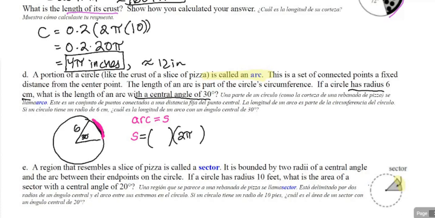circumference, 2 pi r. This is the total circumference. And then how much of the total circumference? Well, it is my central angle, theta, divided by 360. That's the fraction of my angle, my central angle over 360.